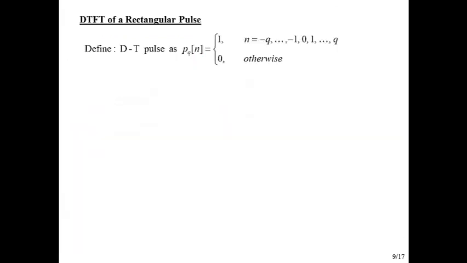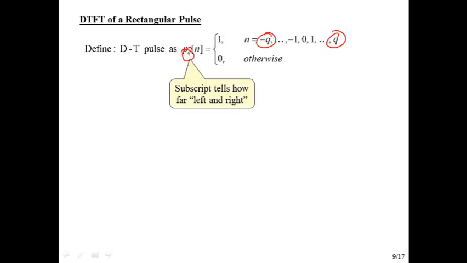So let's find the DTFT of a rectangular pulse. Remember, this Q here tells us the extent that the pulse goes, not the width like in the CTFT case. So by definition, we plug that mathematical equation into our DTFT formula, and we end up with a finite sum that looks like this.